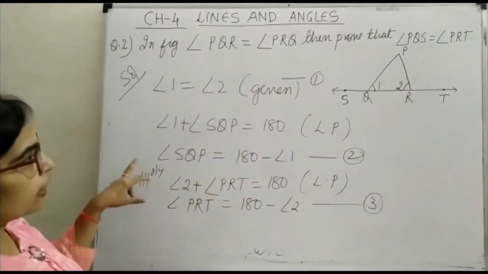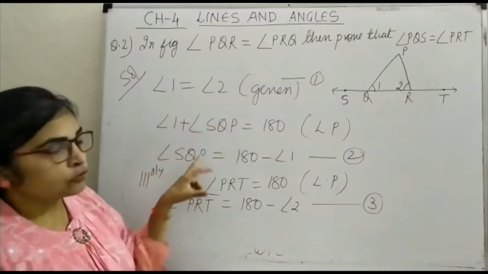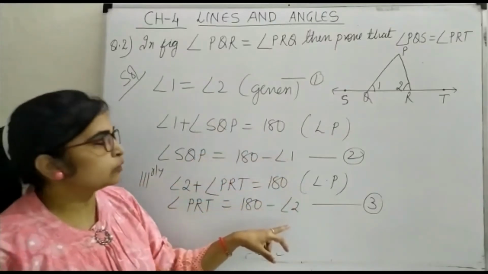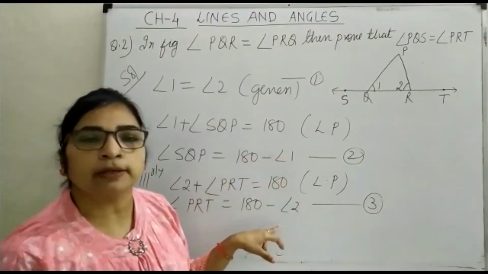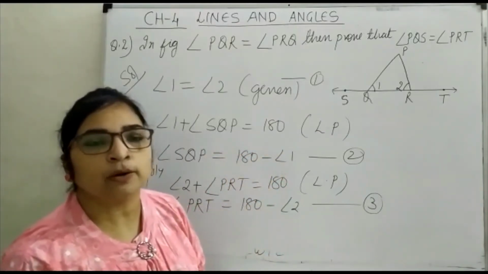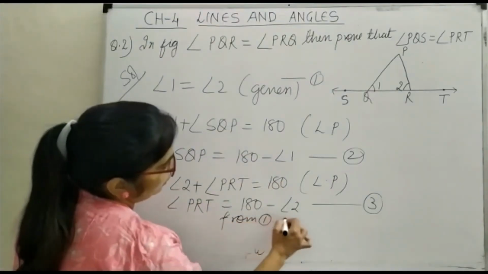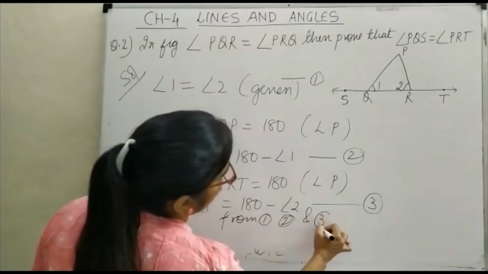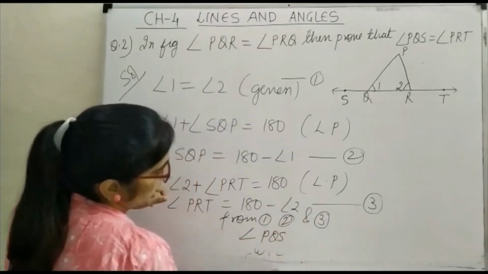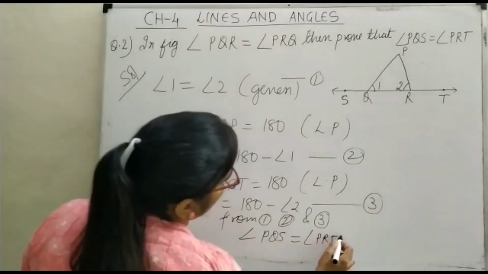Now you can see that we have to show that angle PQS and angle PRT are equal. So both these angles are 180 minus angle 1 and 180 minus angle 2. आपको मालूम है angle 1 और angle 2 equal है. तो equal जब equal से subtract होंगे तो remainder भी equal होगा. So from 1, 2 and 3 you can directly write angle PQS is equal to angle PRT.